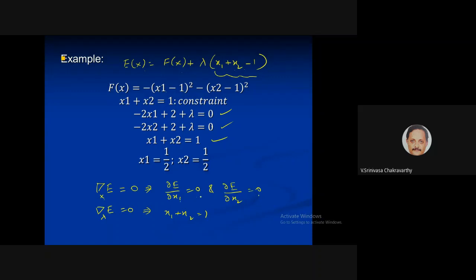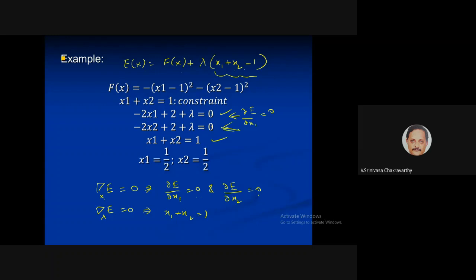If you take dou e by dou x1, you get minus 2 into x1 minus 1, that is minus 2 x1 plus 2 for the first expression, plus lambda. For the second expression, it is similarly minus 2 x2 plus 2 plus lambda equal to 0. This is dou e by dou x1 equal to 0.